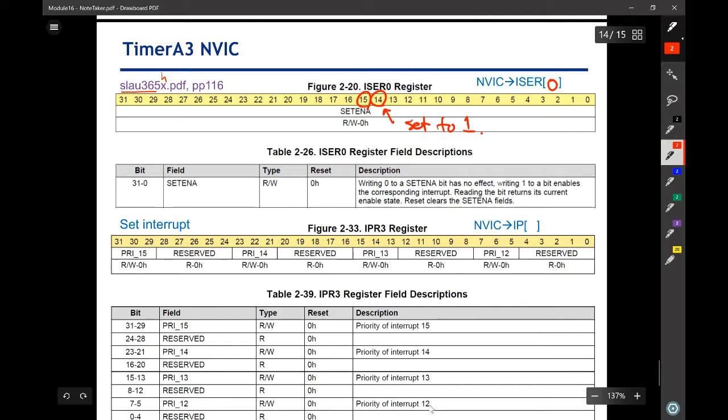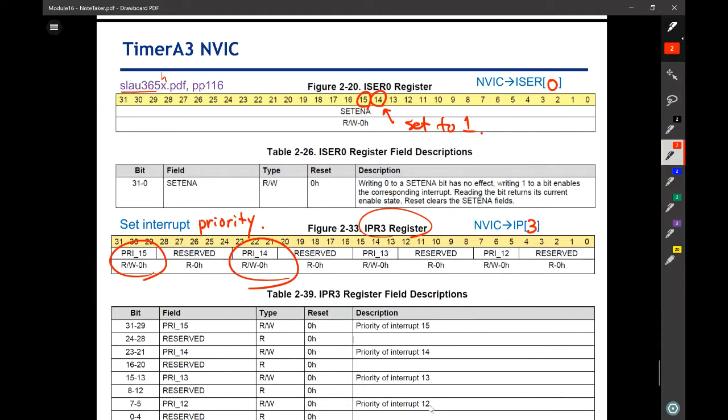The next thing is we need to set the interrupt priority. In the IPR3 register, we have PRI 14 and PRI 15, so we need to set these fields. Because this is IPR3, in your code it's going to be NVIC IP3.